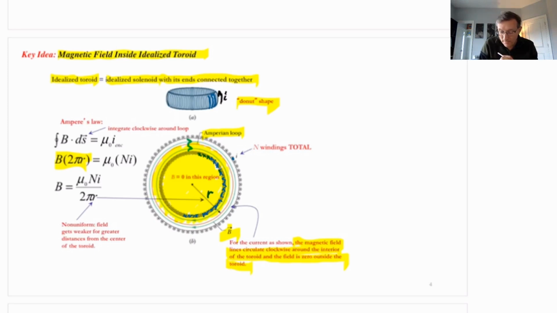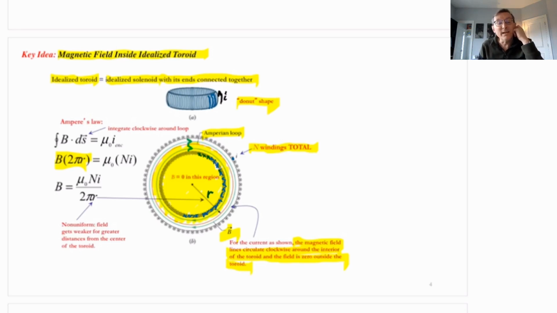Okay? And every winding carries the same current, I. And there are capital N windings total. Be careful, not little n, like for a solenoid. Little n was number of turns per unit length. This is just big N, and it's just the grand total number of windings of the wire around the toroid.